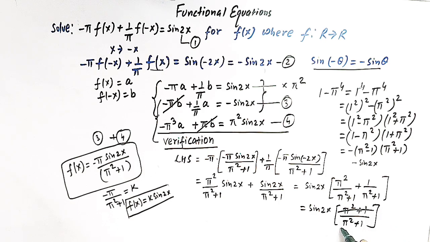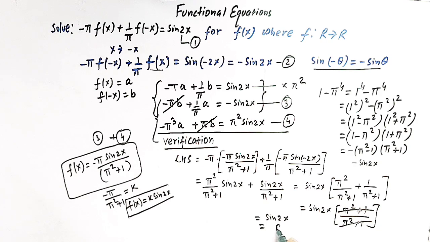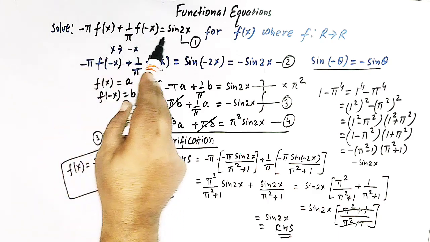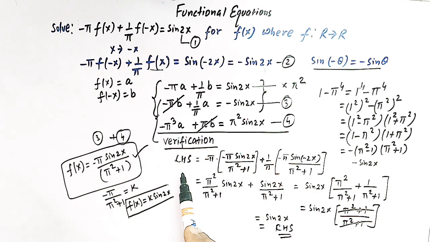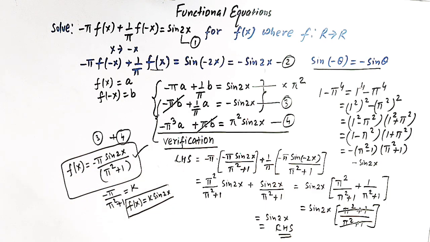So now these two terms get cancelled, so we are left with only sine 2x, which is our right hand side, right? So this is the required solution of this functional equation. As we have seen, this function satisfies the given functional equation.